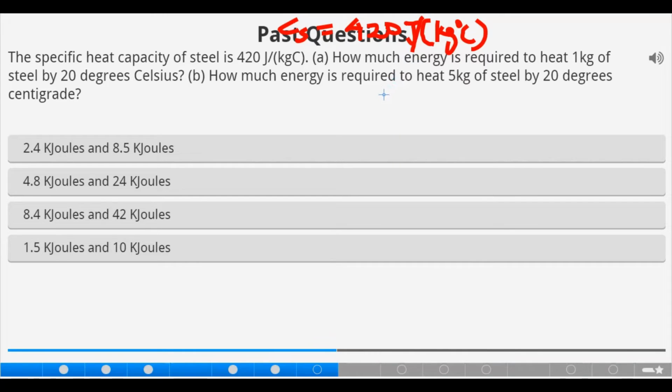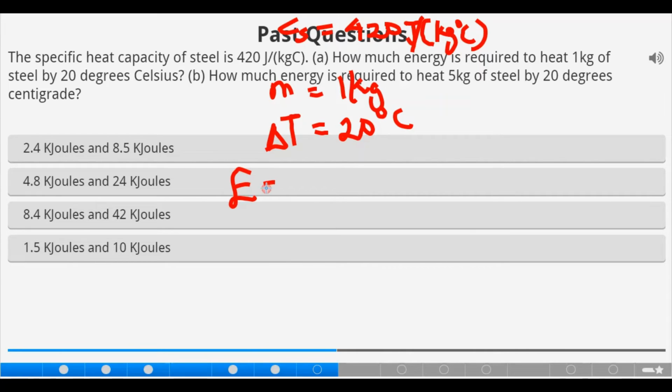How much energy is required to heat 1 kilogram of steel by 20 degrees centigrade? So we have mass to be 1 kilogram, and we have our delta T here to be 20 degrees centigrade, because it's going to be heated from 0 to 20.